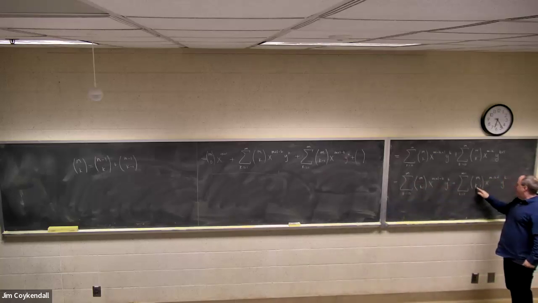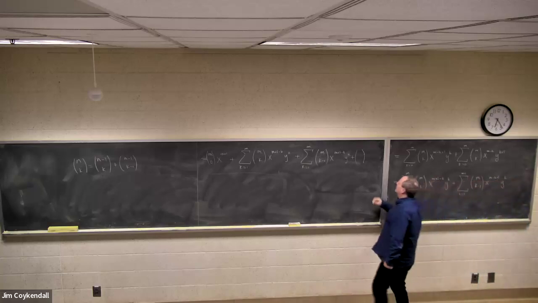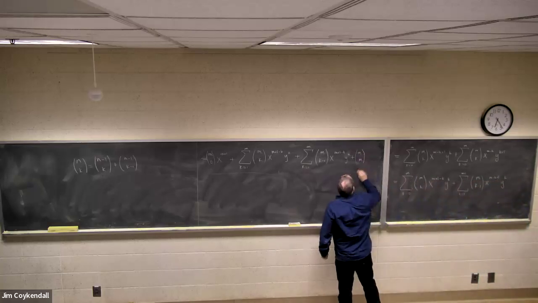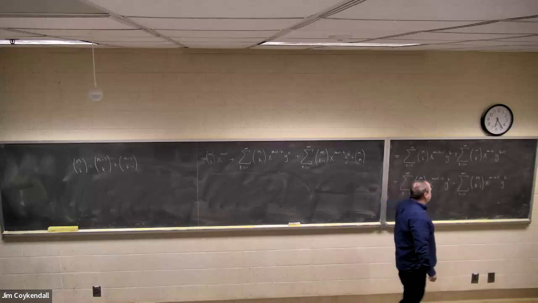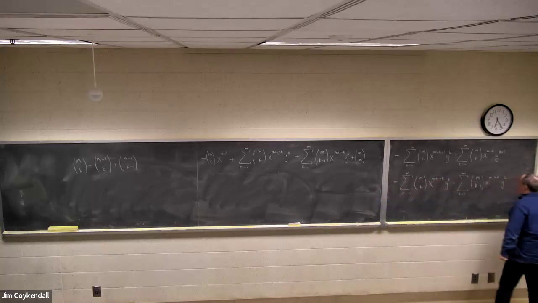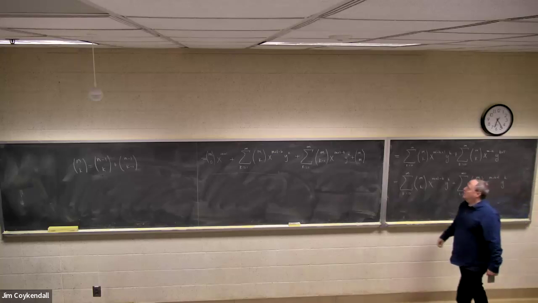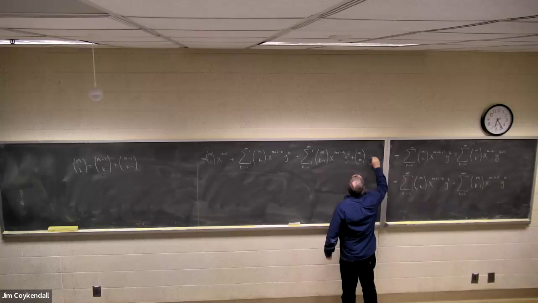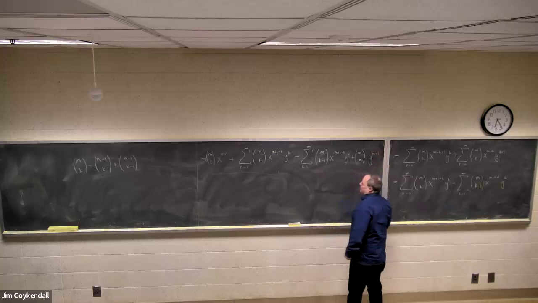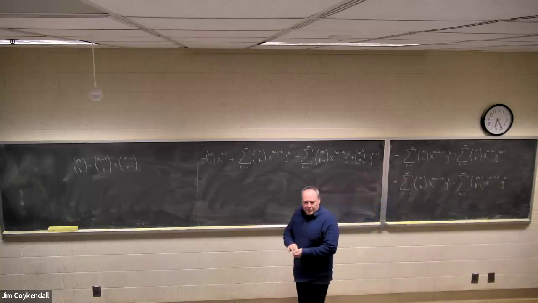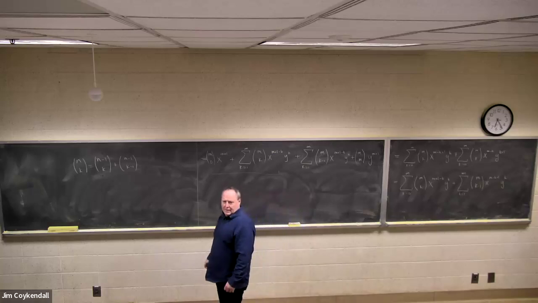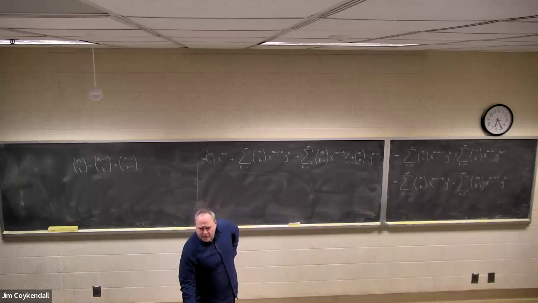Right, put in m plus 1 for k, it's m choose m. And what powers do we have? The power of x is going to be 0, and the power of y is going to be m plus 1.